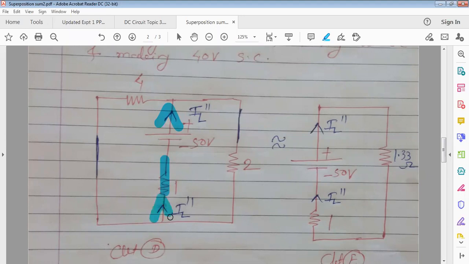Upwards, because whatever current leaves the positive terminal of the battery returns to the negative terminal. So obviously the current flowing through 1 ohm is in the upward direction, isn't it?